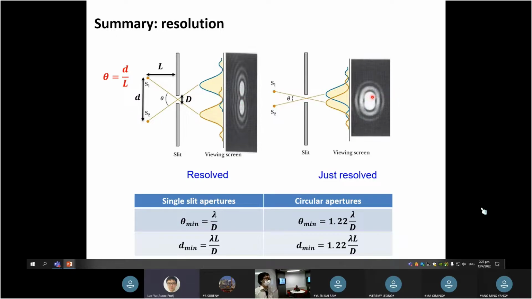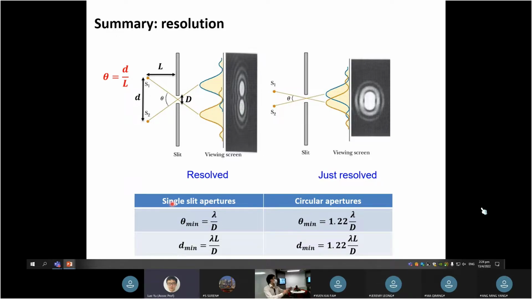So for every imaging system, there is a smallest distance or smallest angular resolution at which we can resolve the two objects. Only when the angle theta, or the distance between S1 and S2, is larger than a certain value will we be able to resolve these two images. Otherwise, we will not. That's the resolution.